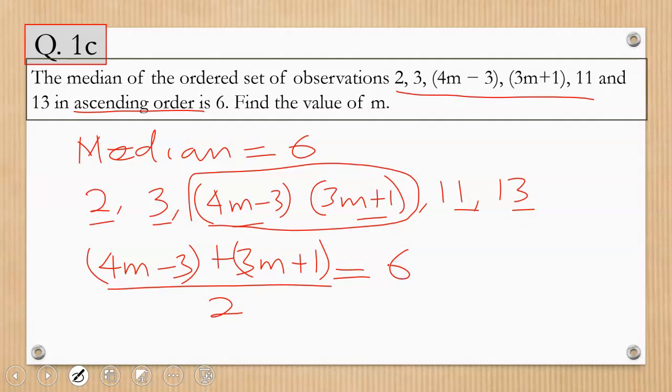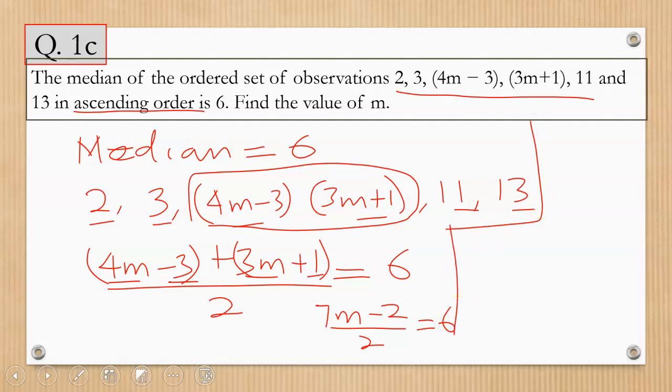And so we are going to solve this. For the numerator, if I add 4m plus 3m, I have 7m. The negative 3 plus 1 gives me negative 2. So 7m minus 2, all divided by 2, is equal to 6. To find m, we can do cross multiplication. So we have 7m minus 2 equals 6 times 2.